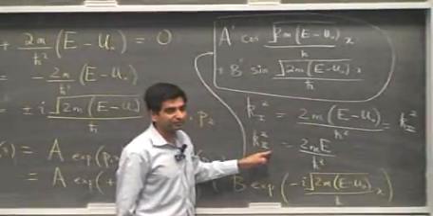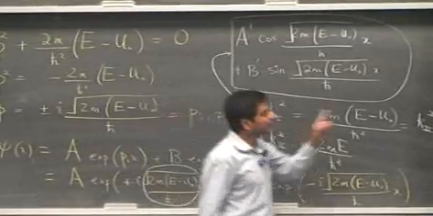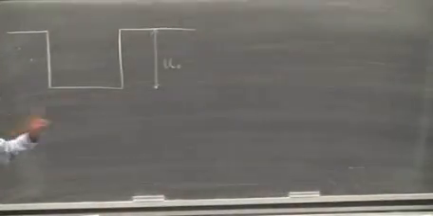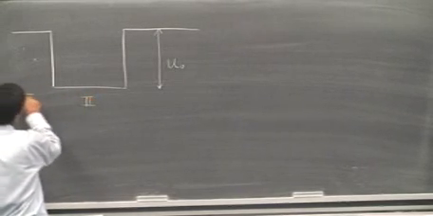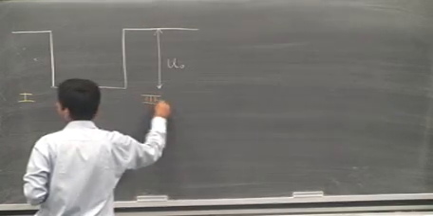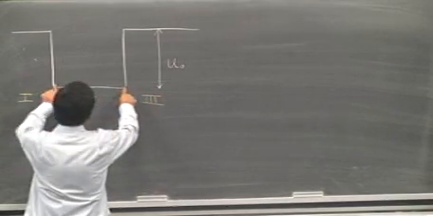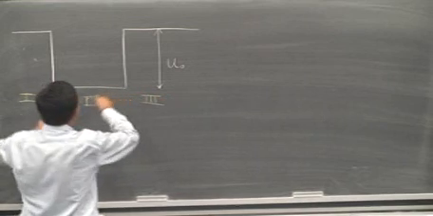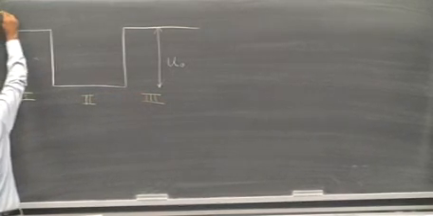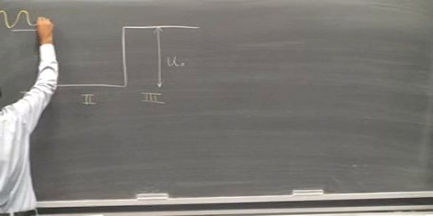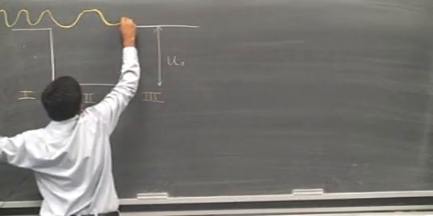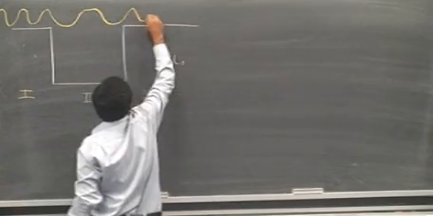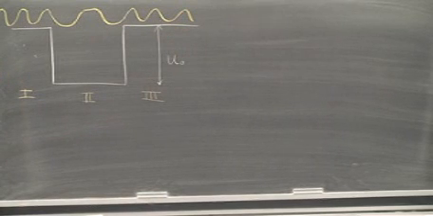This wavelength is smaller. So if you would like to plot the real or the imaginary part of this wave function, this is region 2, region 1, region 3. The wavelength decreases in this region. So your wave function will look something like this.